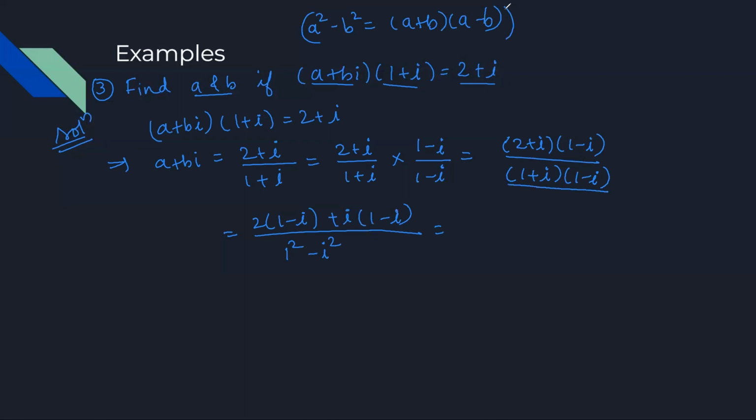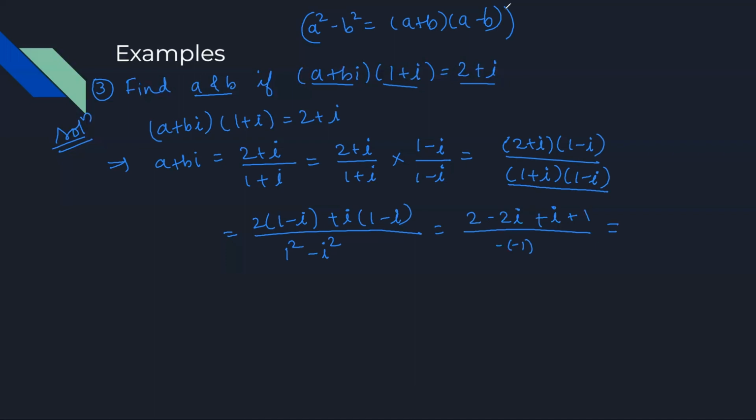And we'll calculate this. This will become 2 minus 2i, then plus i. This will become plus minus minus, and i into i is i square. So again that would be minus 1. So minus minus plus will become plus 1. And 1 square is 1, and minus i square is minus of minus 1, which is 1.